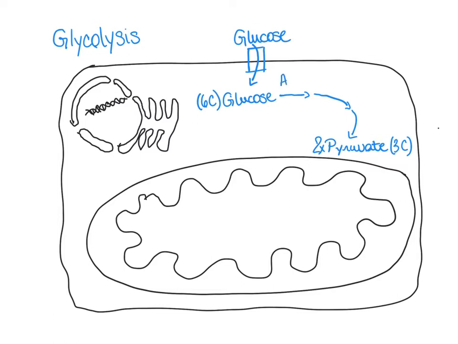So ATP is used, actually 2 molecules of ATP donate their phosphate groups to glucose, make glucose 6-phosphate, and then you actually get a bisphosphate molecule, and then it breaks apart.